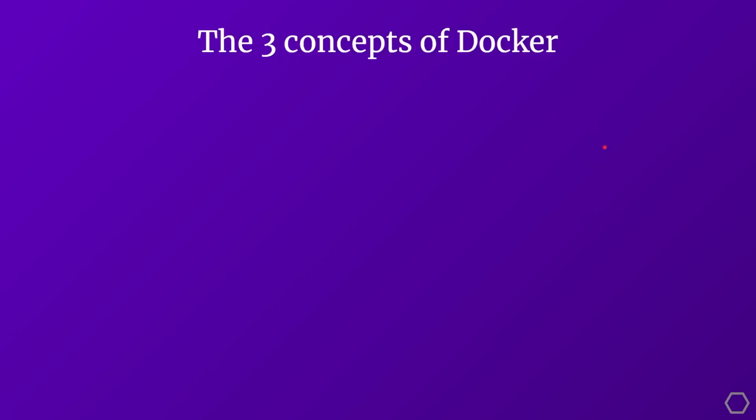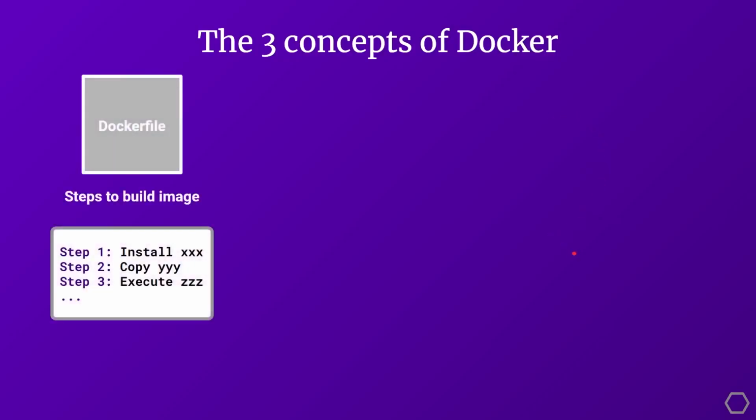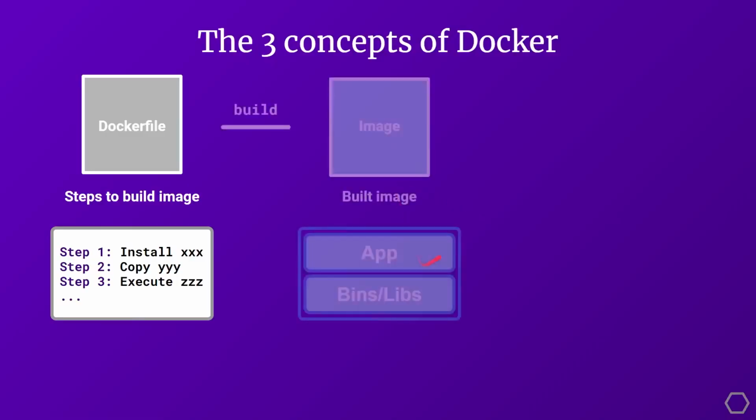So the first concept of Docker is your Dockerfile. This is the instructions of how to build your image. So that image that contains your application and your binaries and libs, these are the instructions to go from nothing to having all of that stuff installed. The second concept is a Docker image.